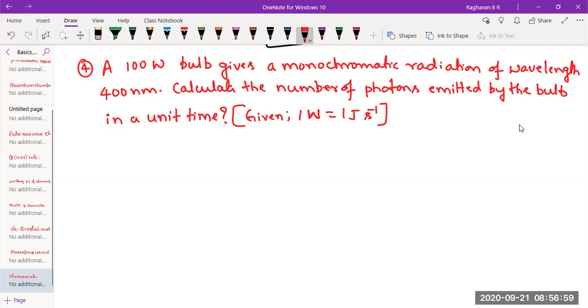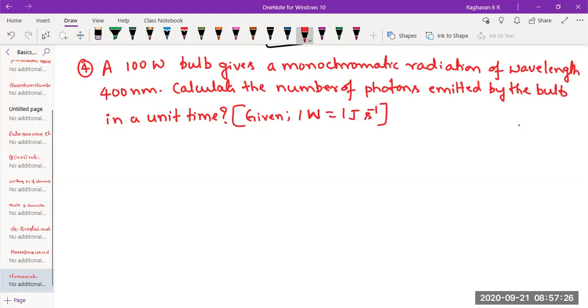The lambda value is 400 into 10 to the power of minus 9, since it is nanometers. When I ask you to give the steps, not mathematical things. Say, in the first step I'll calculate so and so quantity, and in the next step I will calculate the number. That's what I want.